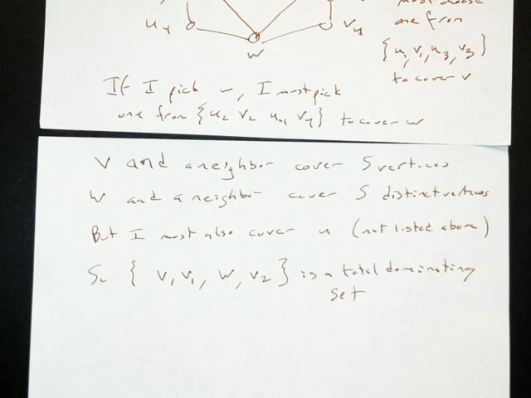Now, that tells me that I can do this in 4 or less, right? My total domination number is less than or equal to 4. Why must it be equal to 4? Why can't I do this in 3?